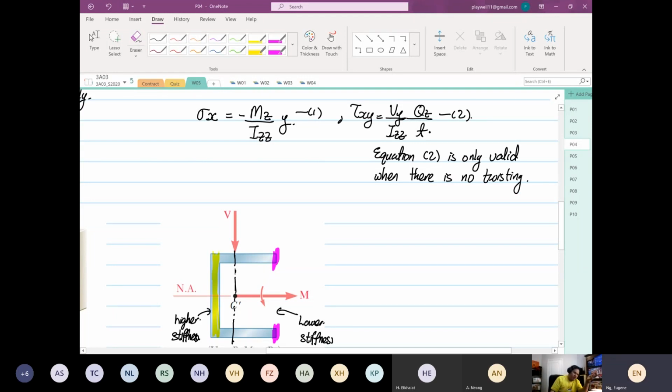Twisting is a shear. Why is twisting a shear? Because when you see twisting as a topic, you have the shear stress equal to TR over J. And this twisting is due to torsion. So this formula, the shear is due to torsion.